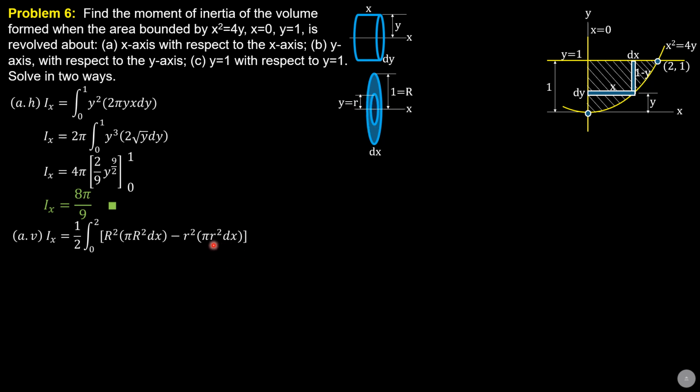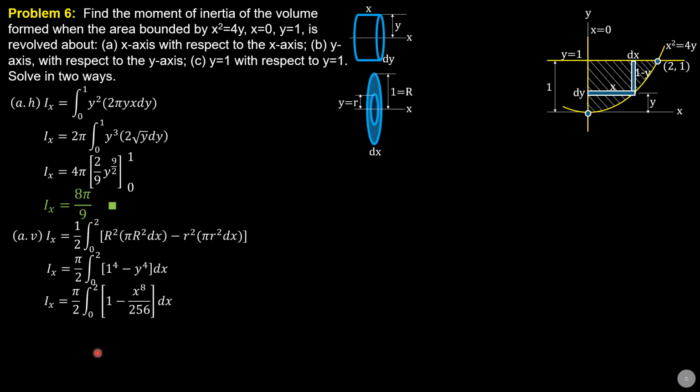So if we factor out pi and dx, it becomes pi over 2 integral from 0 to 2 of quantity big R to the fourth minus small r to the fourth dx, where big R is 1 and small r is y. So x is the variable, y to the fourth is x squared over 4 to the fourth, and that's x to the 8 over 4 to the fourth, which is 256. So pi over 2 integral 0 to 2 of quantity 1 minus x to the 8 over 256 dx.